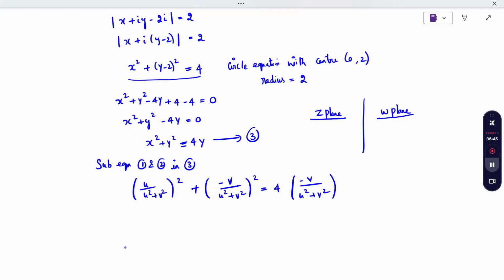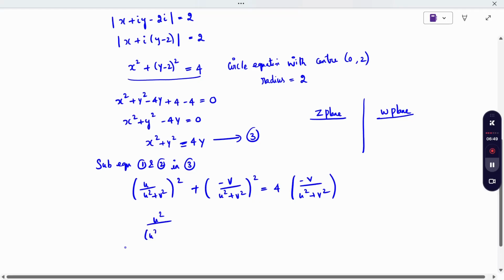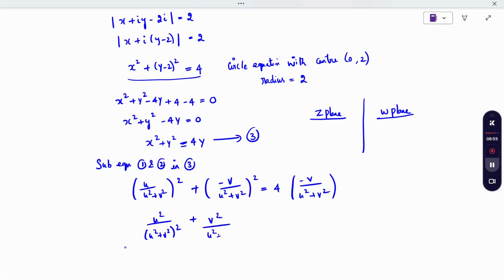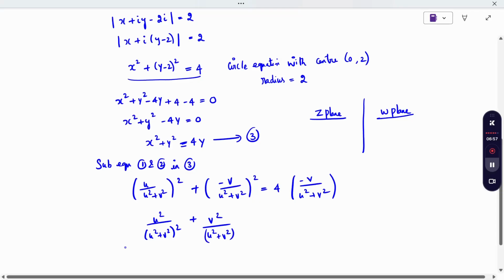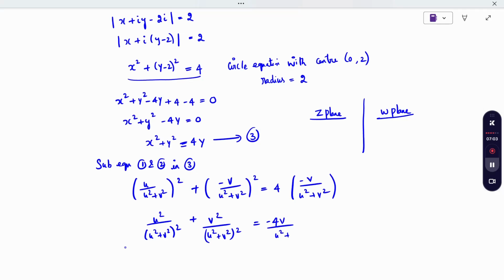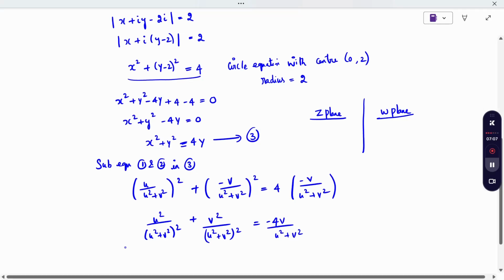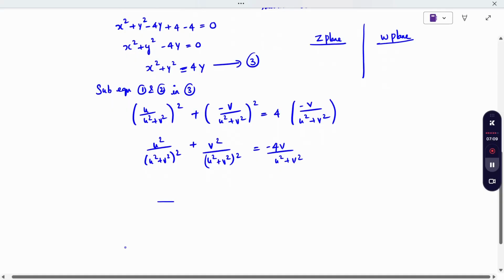So now u squared divided by u squared plus v squared, the whole squared, plus v squared divided by u squared plus v squared, the whole squared, equal to 4 minus 4 times v divided by u squared plus v squared. So simplify it. First on the left, you take the LCM, u squared plus v squared, the whole squared.